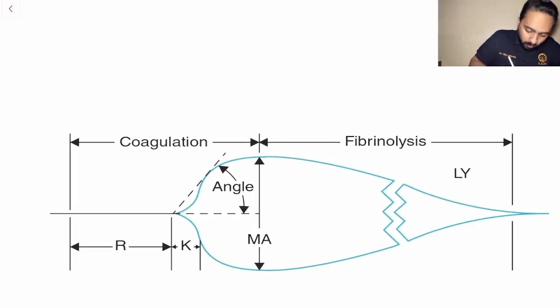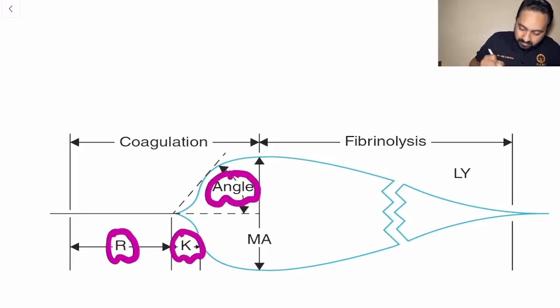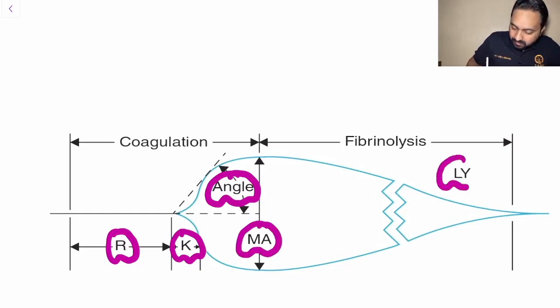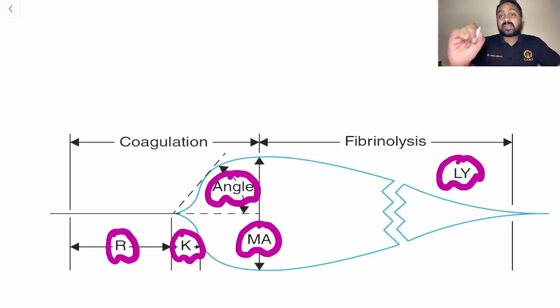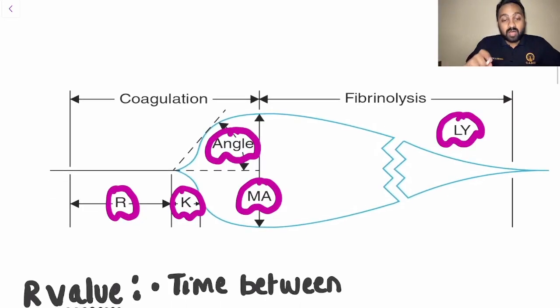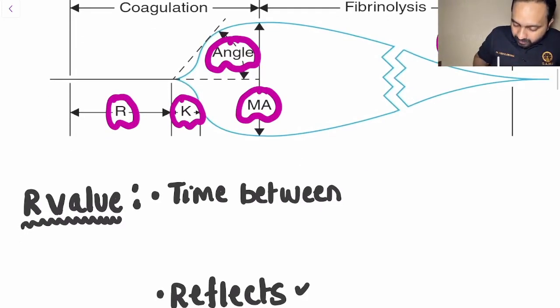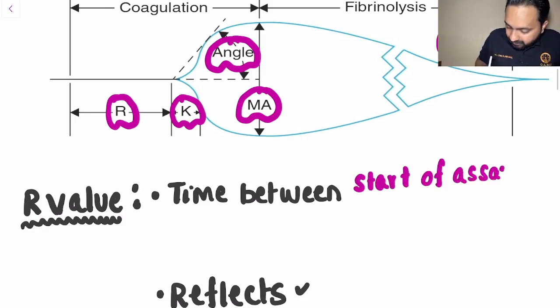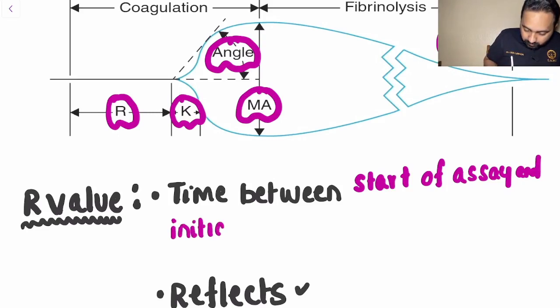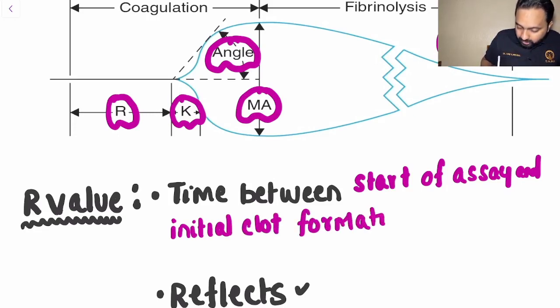Now we need to know what is R, what is K, what is this alpha angle, MA and LY. Let's begin our discussion with R. The R value is the time between the start of assay and the initial clot formation. Let me write it down for you: start of assay and initial clot formation.